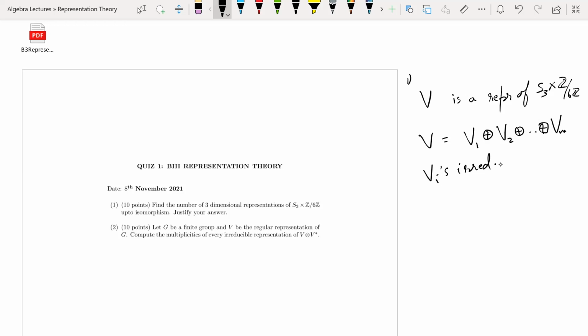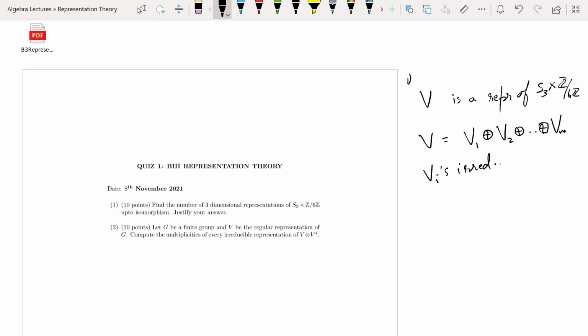There could be three irreducible representations of dimension 1, or one irreducible representation of dimension 3, or one irreducible representation of dimension 2 and one of dimension 1. So let's just count the number of irreducible representations of S3 cross Z mod 60, and then it's a combinatorial problem.